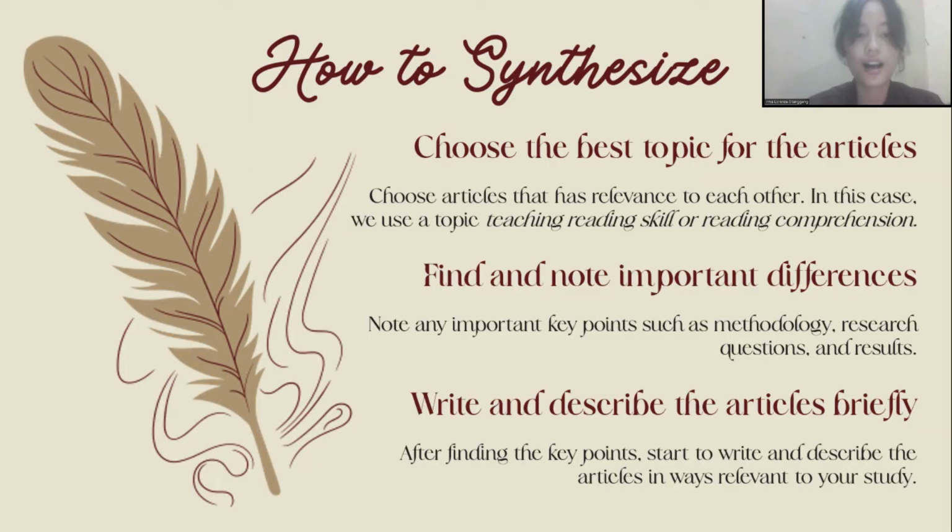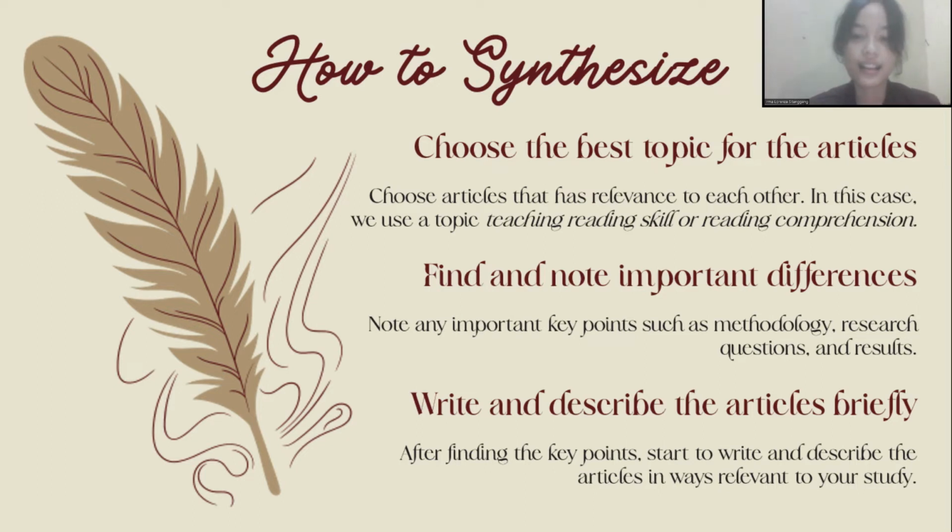Next, how to synthesize. First, you should choose the best topic for the article. You choose articles that have relevance to each other. In this case, we use a topic teaching reading skill or reading comprehension.